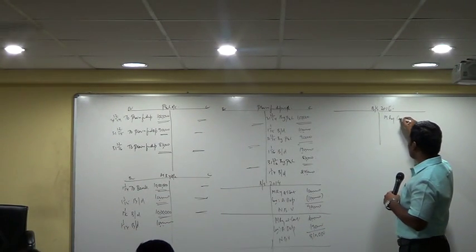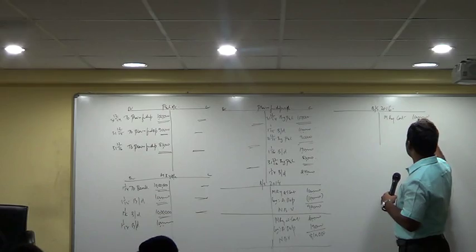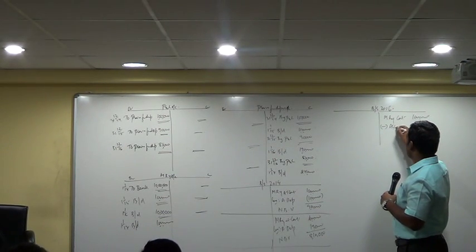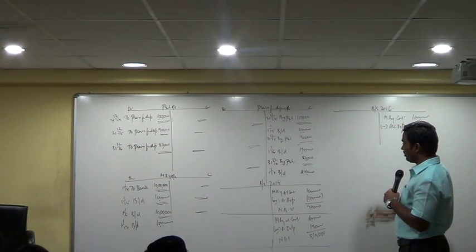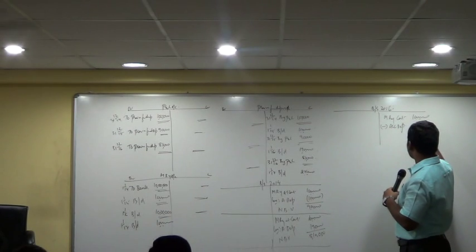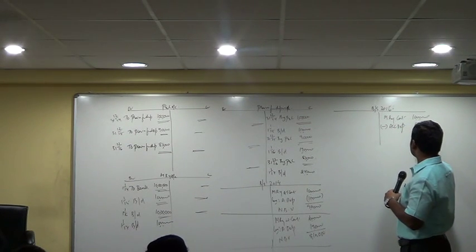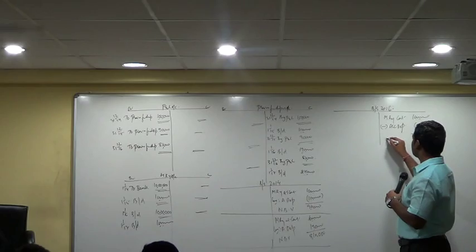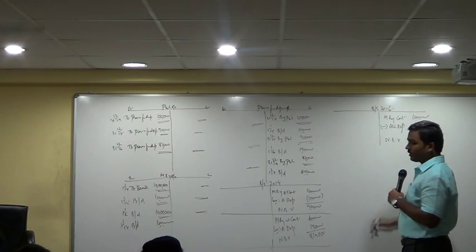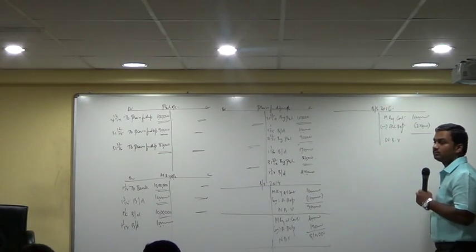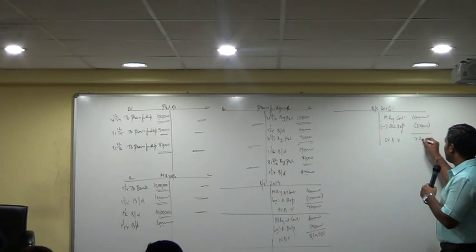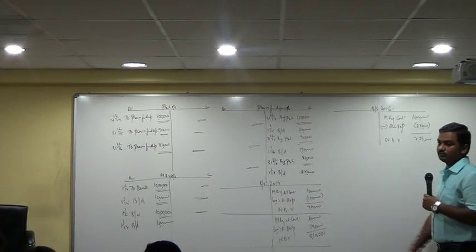Machinery cost 10 lakh less accumulated depreciation. How much is accumulated depreciation? 2,71,000. Net book value how much? 7,29,000.